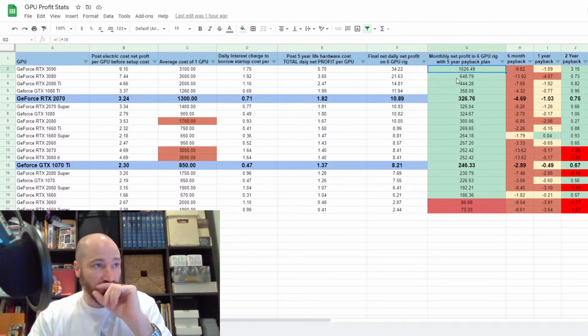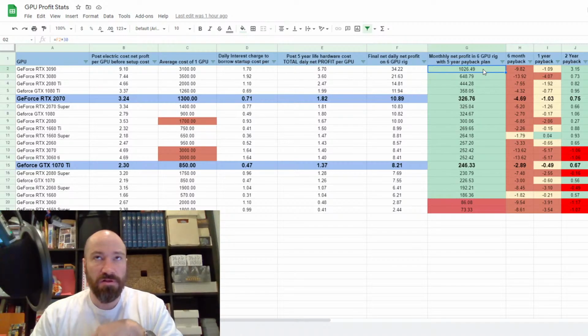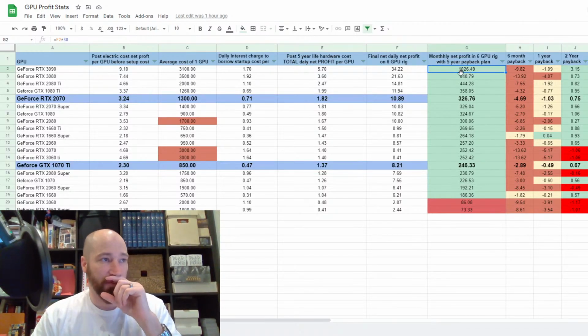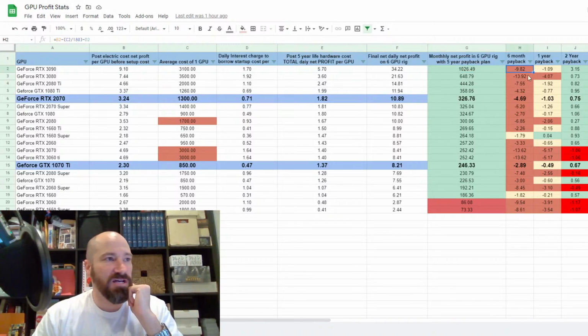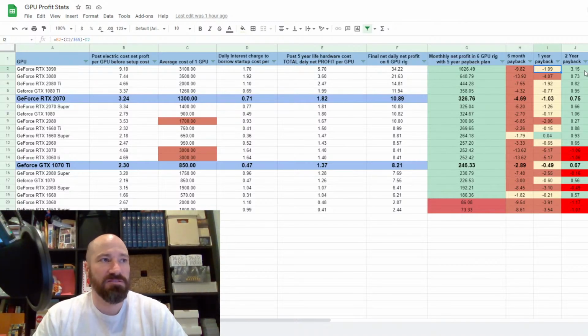Now, we're talking about $1,000 a month after all other costs: electric, paying down the rig at a 5-year payoff period, interest for the loan if you took one, even if it's a credit card, etc. Okay, it doesn't pay itself off in 6 months, doesn't even pay itself off in a year, but at the current rates and volumes, it's going to pay itself off within 2 years.